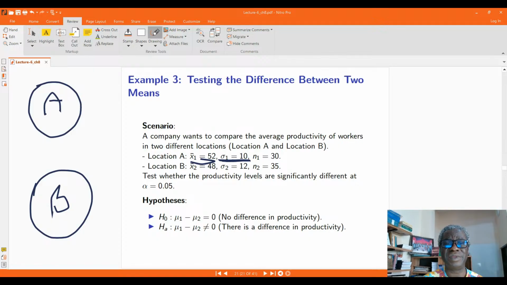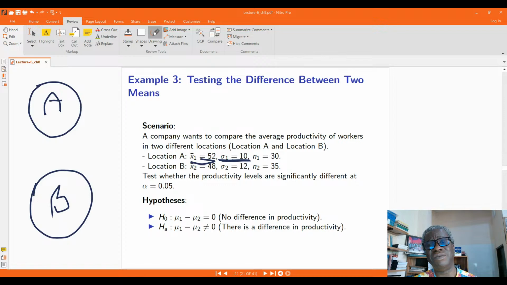So that 0.05 is the level of significance. That is the likelihood of rejecting the null hypothesis when it is true.